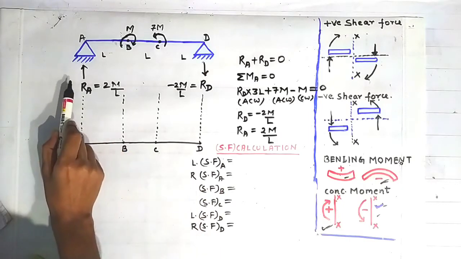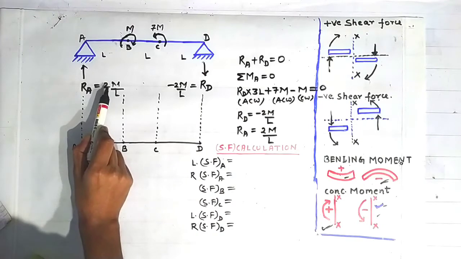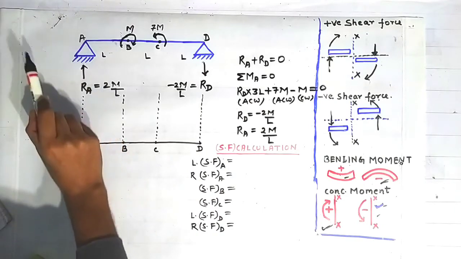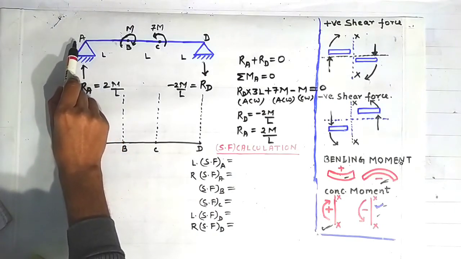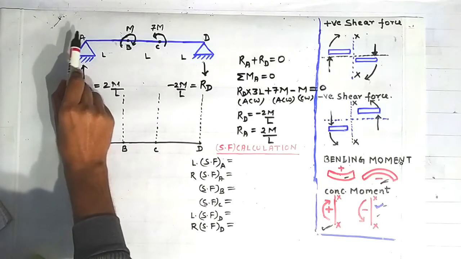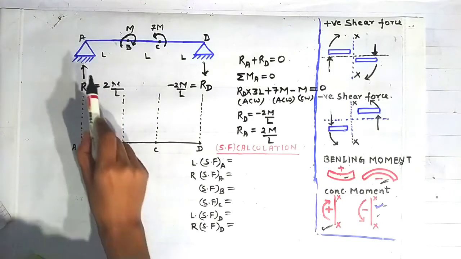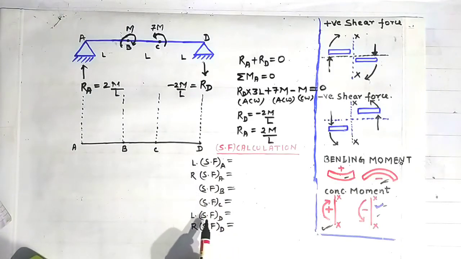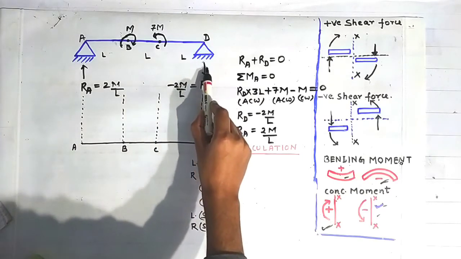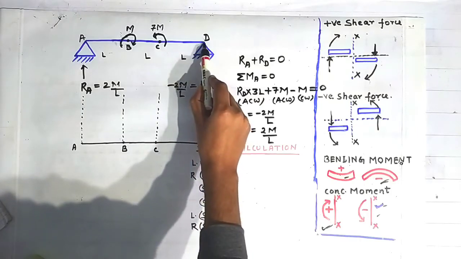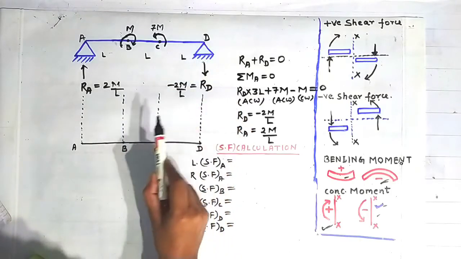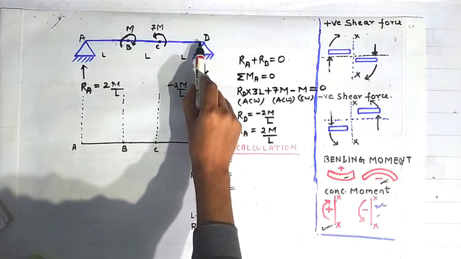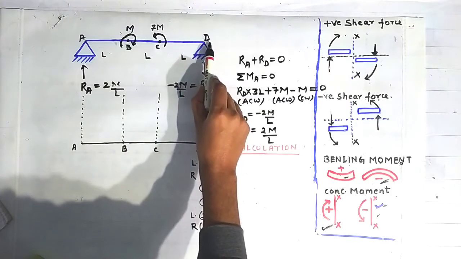Because there is a reaction RA of magnitude 2m by L acting at the point A. That's why shear force will change suddenly when going from left side of the point A to the right side of the point A. That's why we have to calculate on both sides of the point A. Similarly, we have to calculate the shear force on the left side of the point D and on the right side of the point D, because there is a reaction acting in vertically downward direction at this point D, denoted by RD. That's why shear force will change when going from left side of the point D to the right side of the point D.